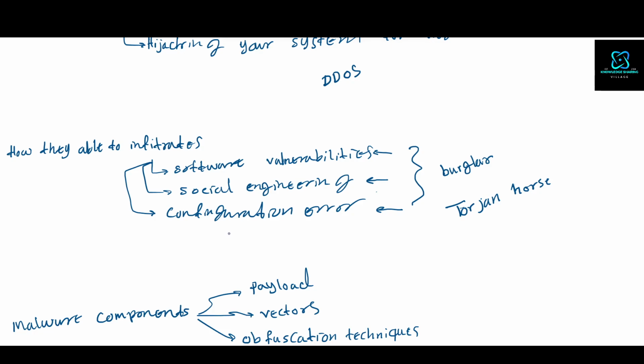The other infiltration method can be configuration error. For example, if the network management team are not competent enough, they may configure some device somewhere not correctly. Then the attacker can use this weakness also.